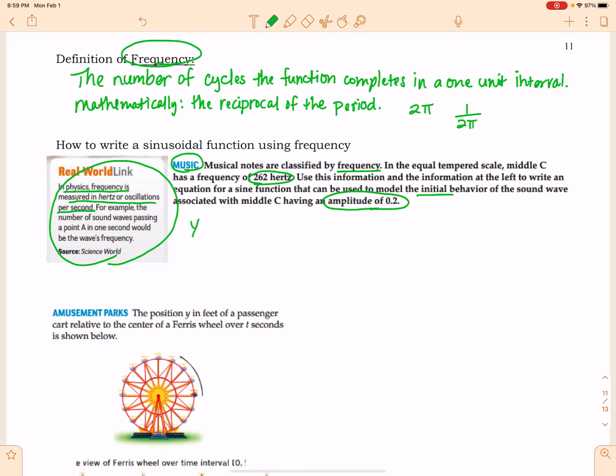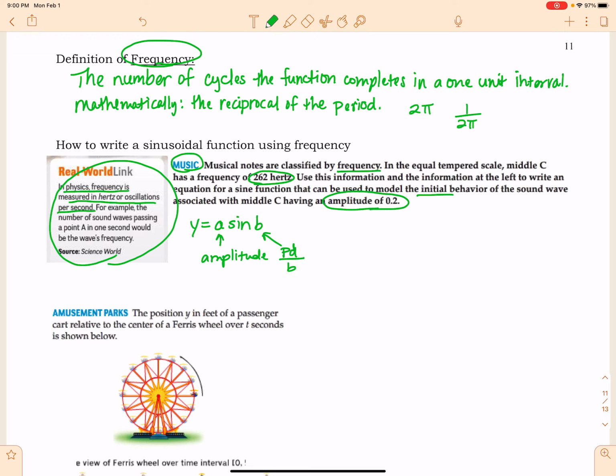We are still writing a sine function, and any number in front of it is going to be considered the amplitude. And any number right after it is going to be dividing the period.